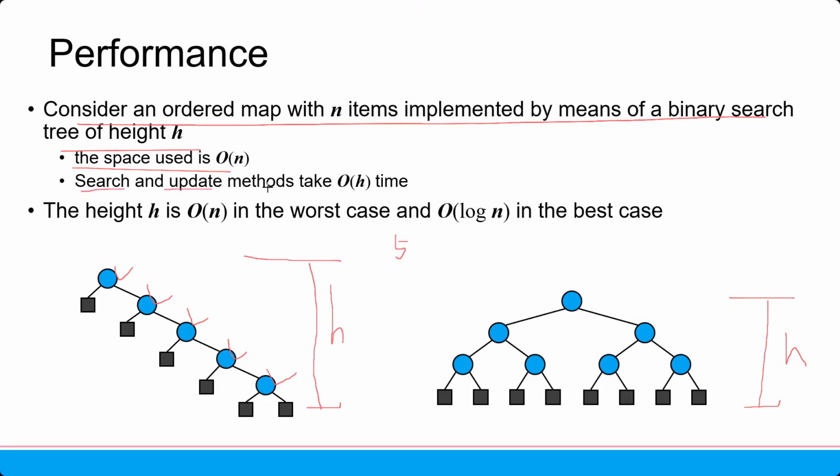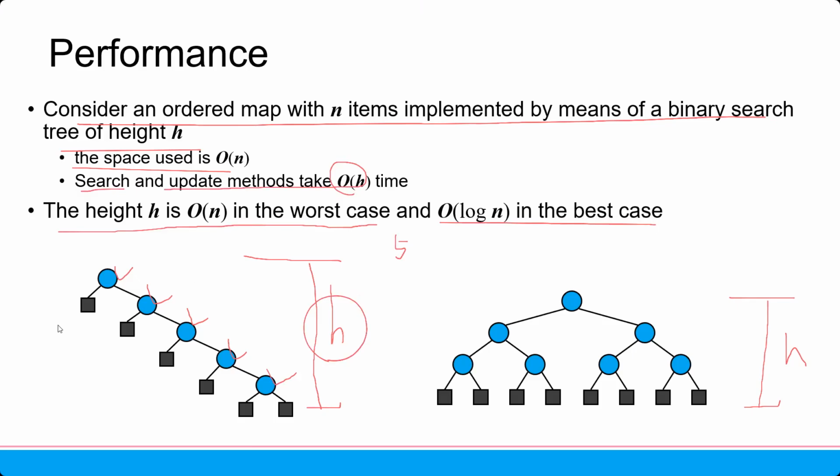The search and update methods take O(h). O(h) means the height; it depends on the height of this tree. The height is O(n) in the worst case, and O(log n) in the best case. What does it mean?